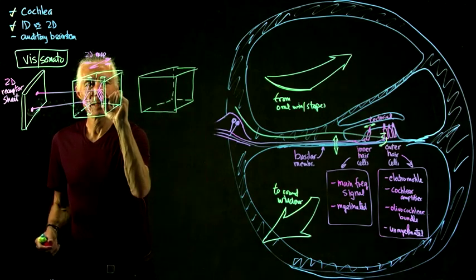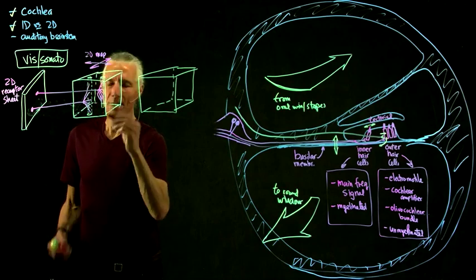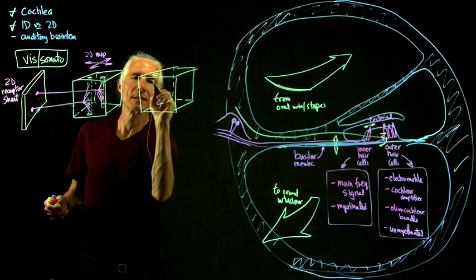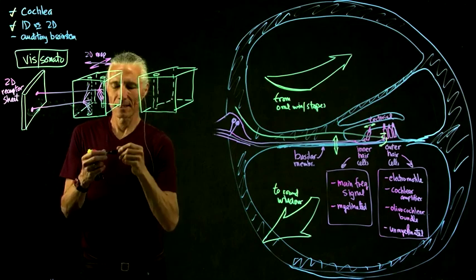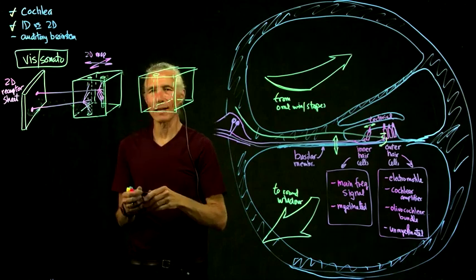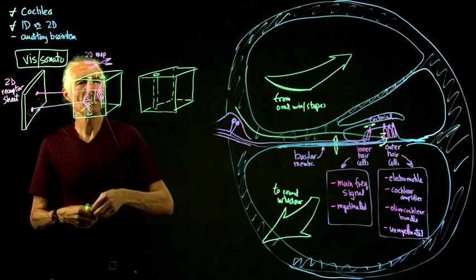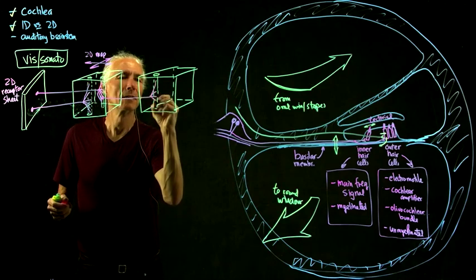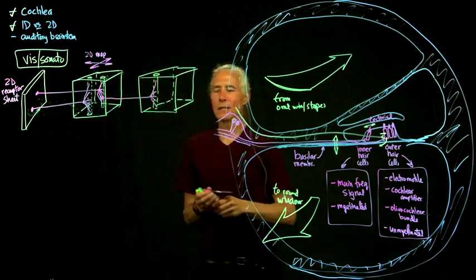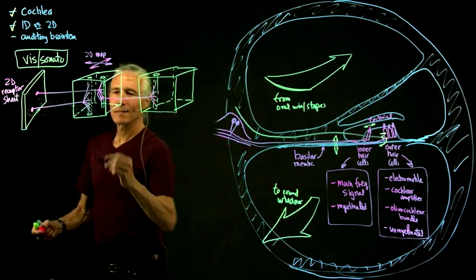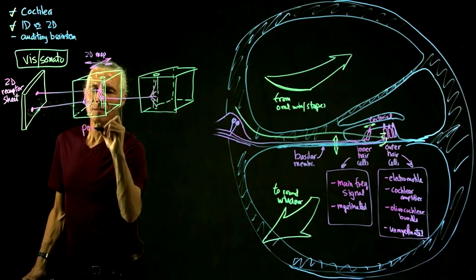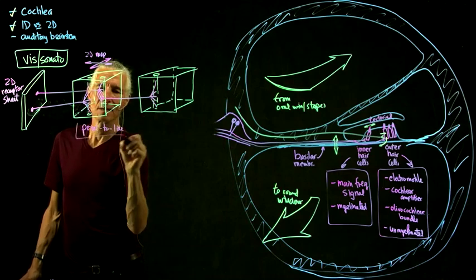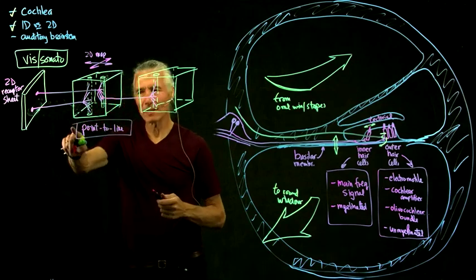One point in that little tube will project to a little column in the cortex. So you see the same thing. We could call this a point to line kind of projection. And the somatosensory system is the same way.